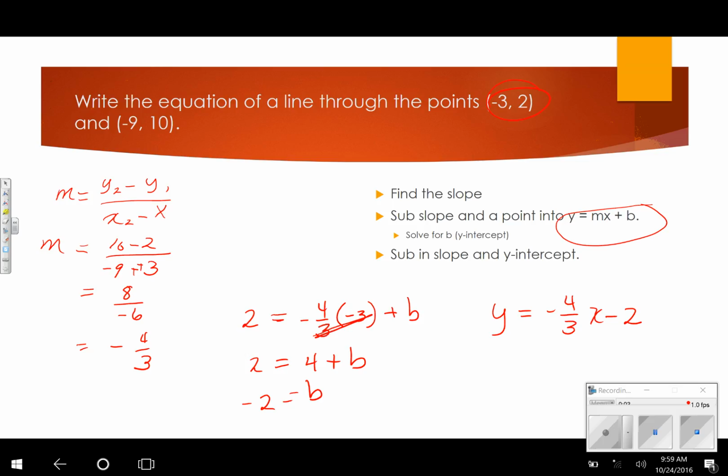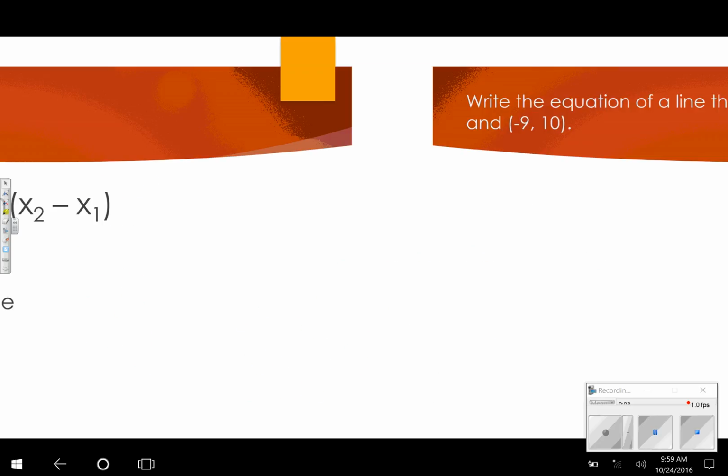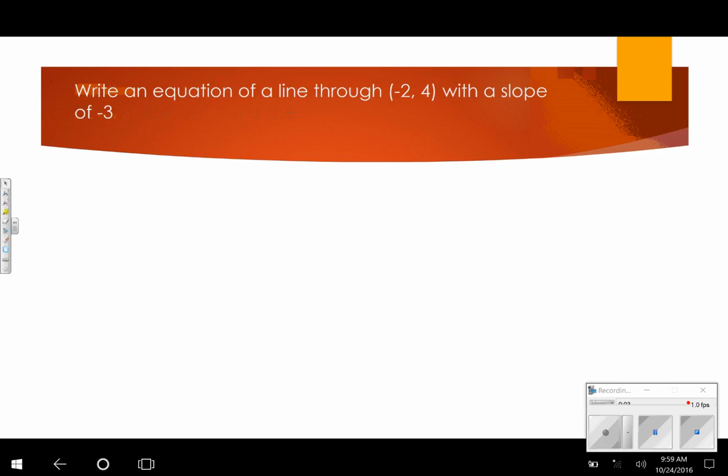y equals negative 4/3 x minus 2. Okay. We also have the point-slope form of a line, which is y minus y1 equals m times x minus x1, where m is the slope, and x1, y1 are a point on that line. So let's write an equation of the line through the point (-3, 4) with a slope of negative 3.